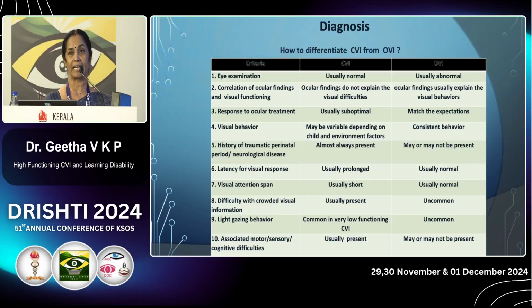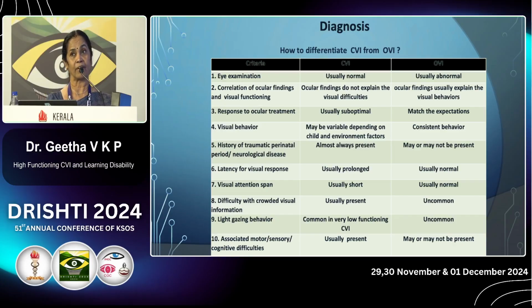Then how to diagnose CVI? Normally the eye is normal, and the ocular findings may not explain the visual difficulties. But mind you, I have already told you that CVI can coexist with ocular pathologies. That is different. Visual behavior may vary. The dictum is that it may vary depending on child factors like fatigue or stress of the child, loss of interest.